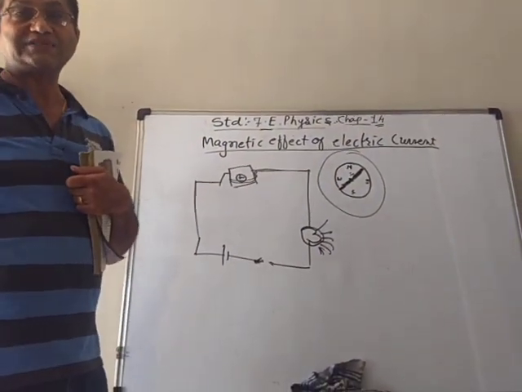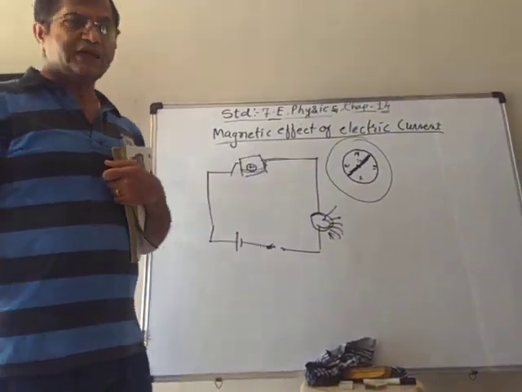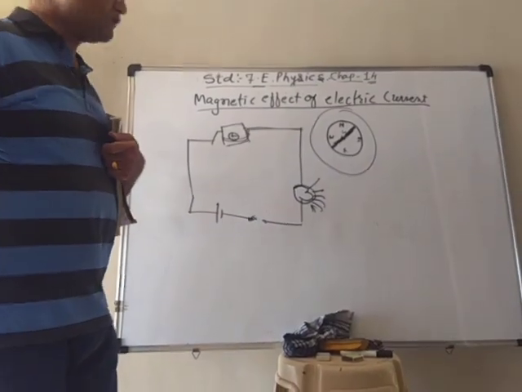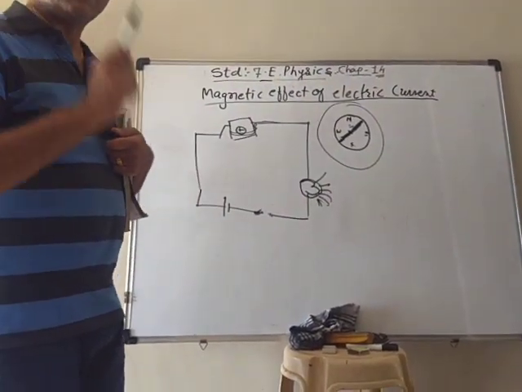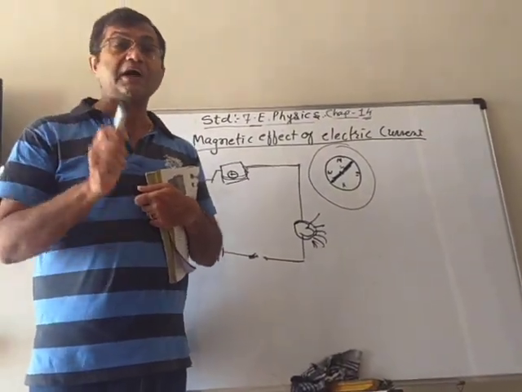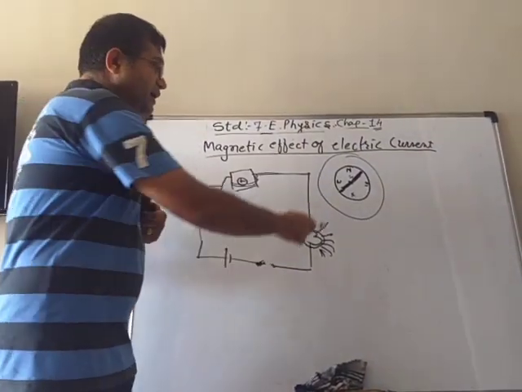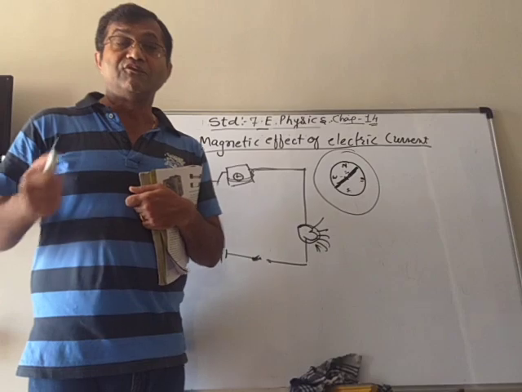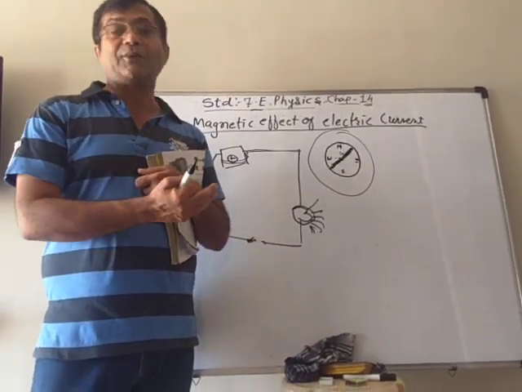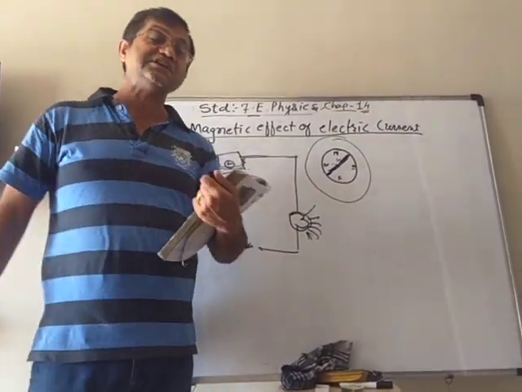Only when you pass the electricity does that needle show the deflection. It means that whenever we pass electricity through the wires, it behaves like a magnet. Around it a magnetic field is produced, and due to that magnetic field and the magnetic needle, we get that deflection, because like poles repel each other and unlike poles attract each other.